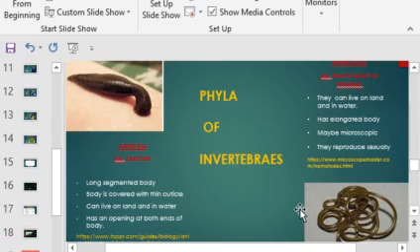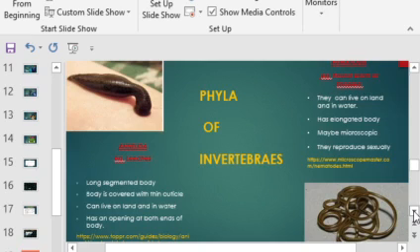Next slide. So we're getting more in depth. So if we look on our left, we're talking about phyla of the invertebrates first of all. So we have a picture here of a leech.